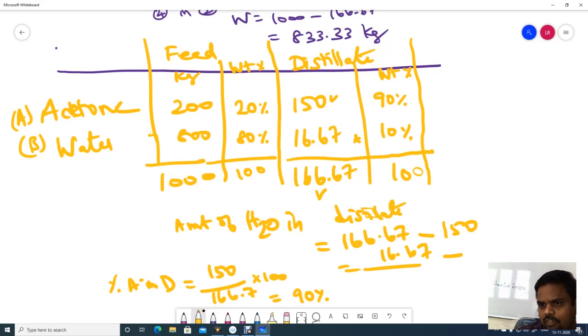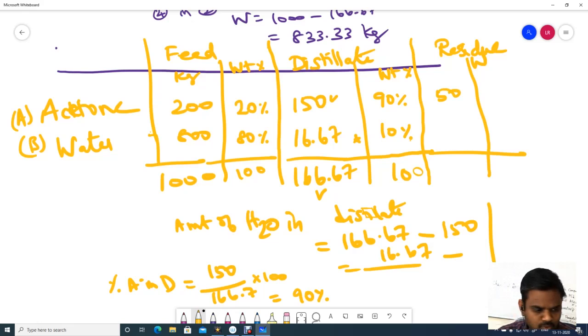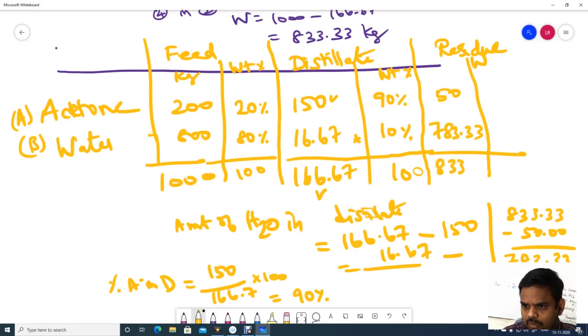Similarly, we can write for residue. Residue W, what is the kg? You have seen that it contains 50 kg of acetone. So what is the amount of water in residue? 833.33 minus 50 is our amount of water, which comes out to be 783.33 kg. Total is 833.33 kg.